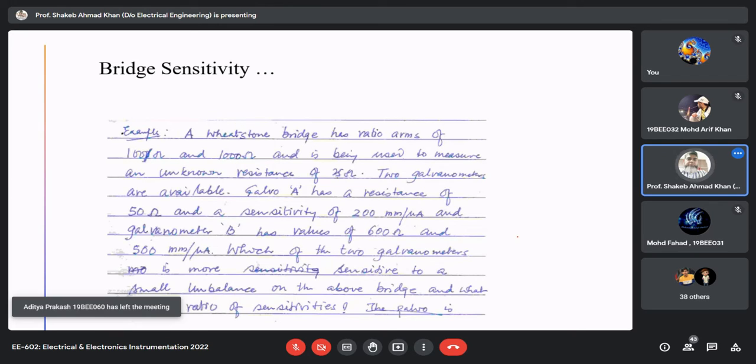Out of these two, which will give you the higher sensitivity? Can anybody guess, without solving it, which of these two galvanometers will give better bridge sensitivity?